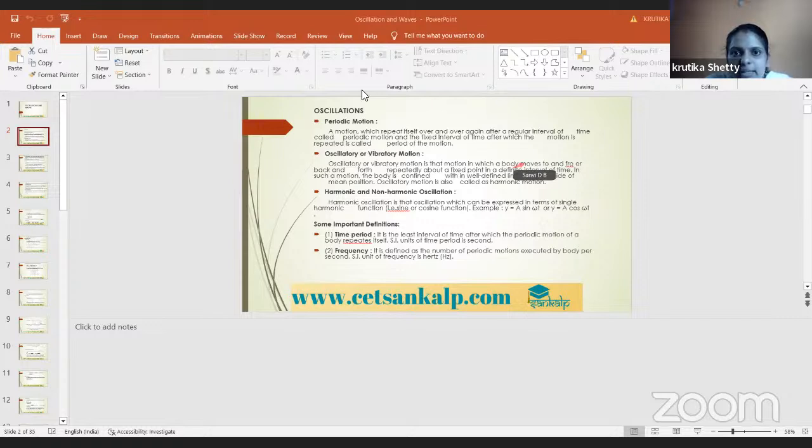So let us see the next point, that is oscillatory or vibratory motion. What do you mean by oscillatory or vibratory motion? Oscillatory or vibratory motion is that motion in which a body moves to and fro or back and forth. Here you can see this example. So what is to and fro motion?